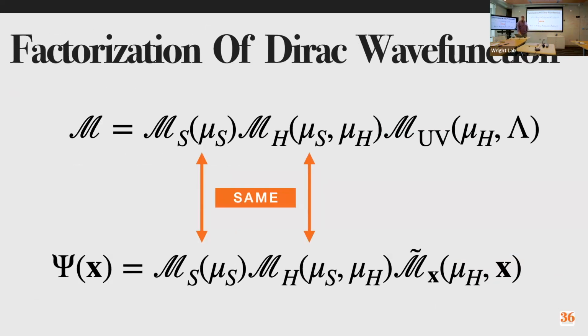It turns out that because of these properties of factorization I mentioned earlier in the talk, I now understand that this wave function I can think of as an amplitude with some short distance physics. The short distance physics I stuck in by hand, I've just evaluated the wave function at some coordinate. But what that means is that this wave function will factorize into the different scales of the problem.